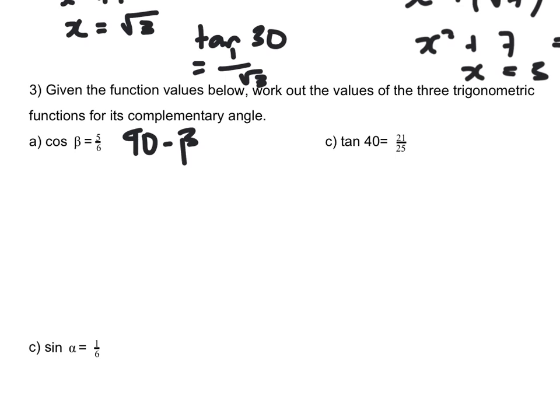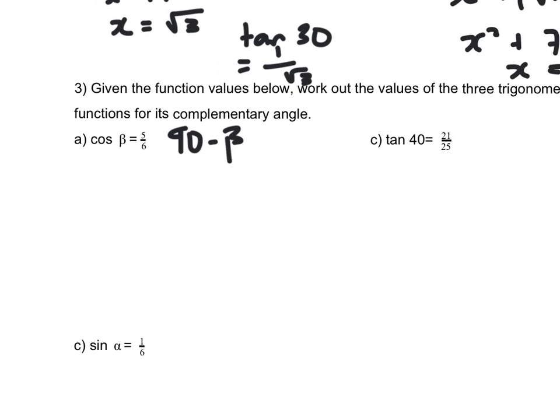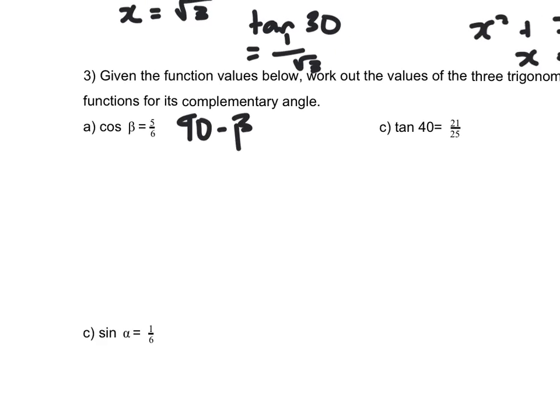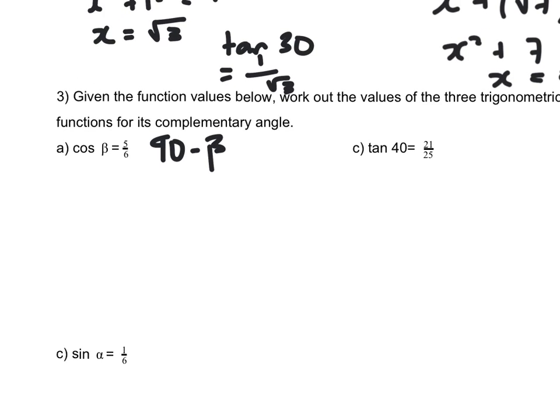So what are we going to do? Well, let's make our right triangle. Like this. Let's put in our angle beta here. It doesn't matter where it is. Then we know that this one up here is 90 minus beta, right? This one I'm marking in red. 90 minus beta.